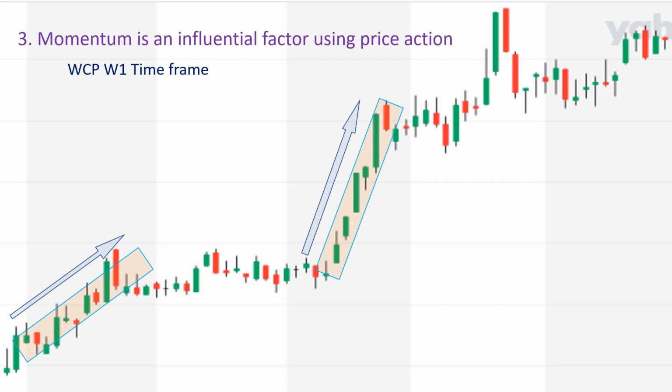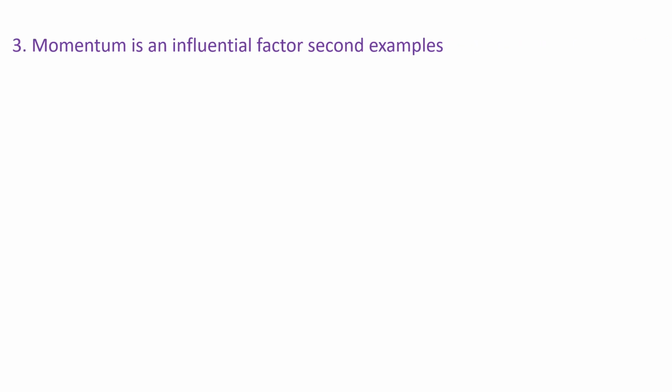Hence, we can expect the uptrend to continue upward with a big probability, and an entry signal for traders. So momentum is another influential factor in price action.